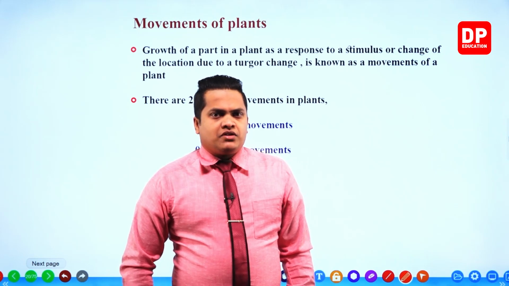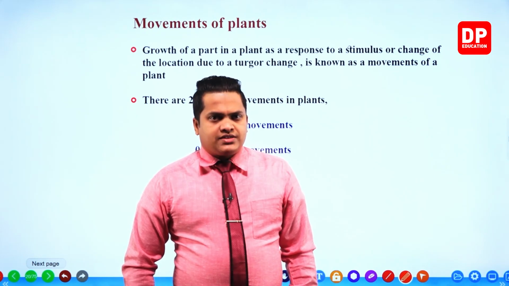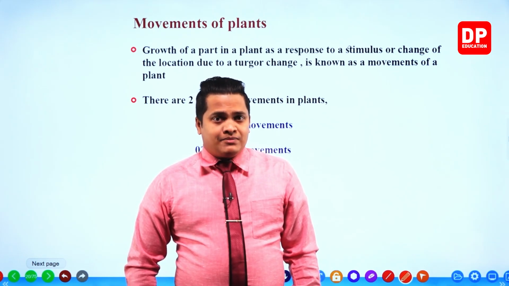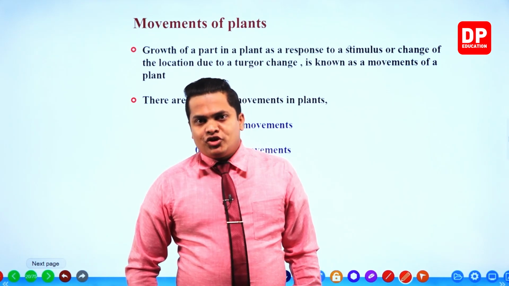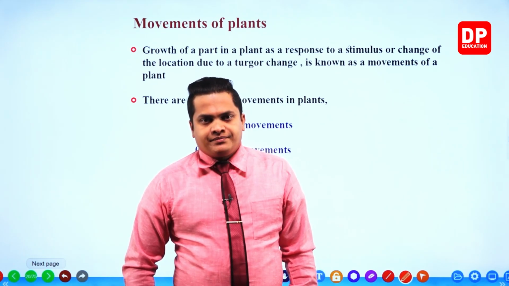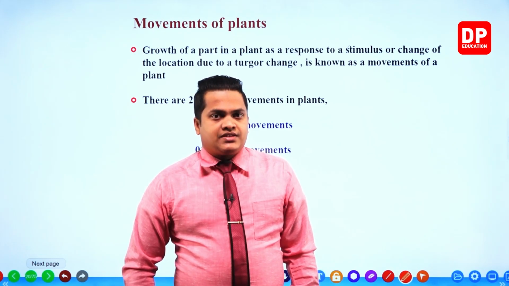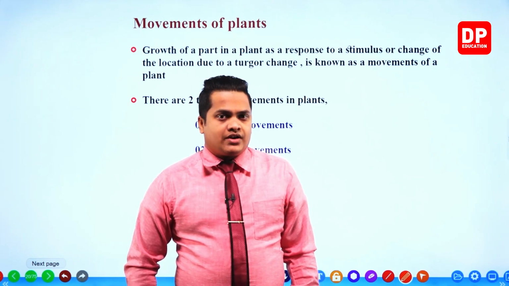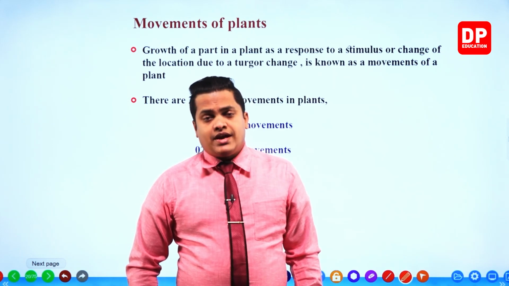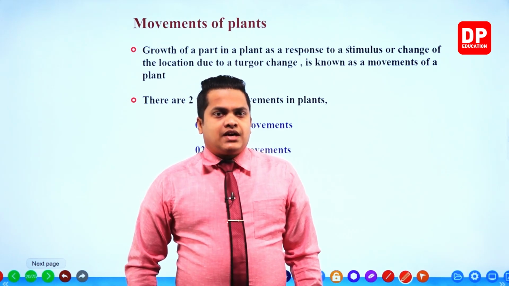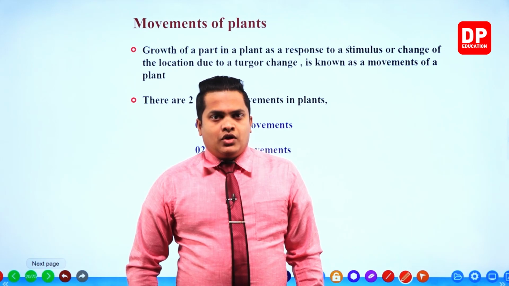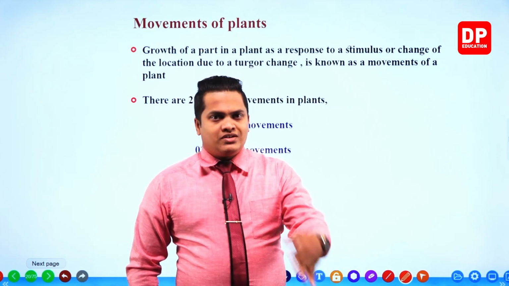It's mainly because of the auxins, or the growth substances, which are generated within the plant. We discussed in the earlier lesson, the seventh lesson, the plant growth substances. Auxins are the ones which are helpful to bend a plant towards the light.